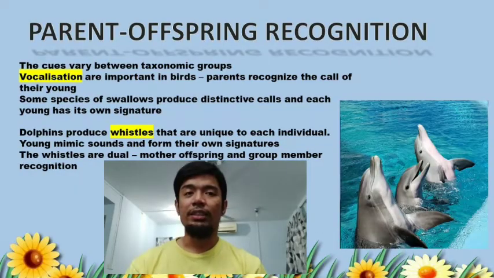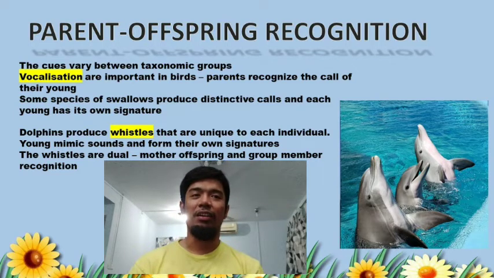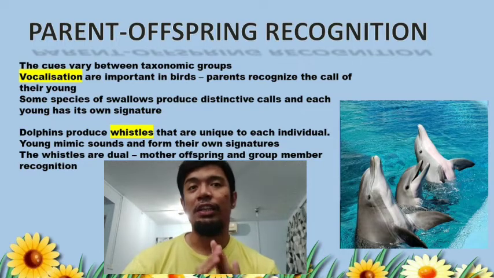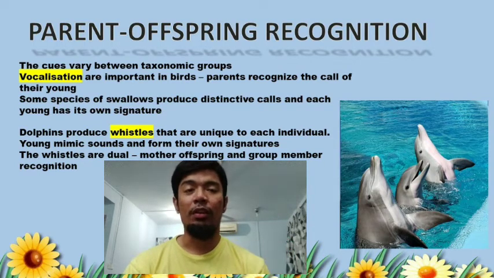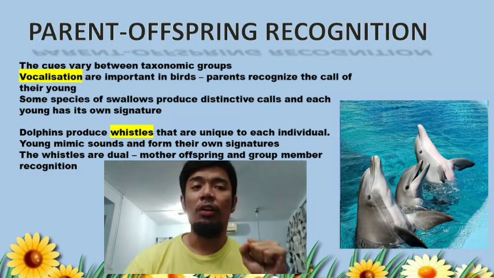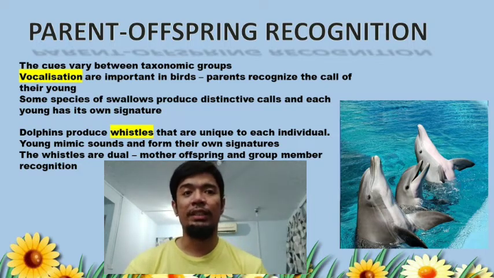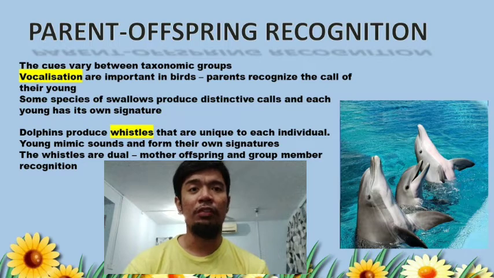Another subtopic under parental care is parent-offspring recognition. Some of us may be wondering how parents and their offspring recognize each other. Here we can see the cues vary between taxonomic groups. First, they use vocalization. Vocalizations are important in birds. Parents recognize the call of their young.